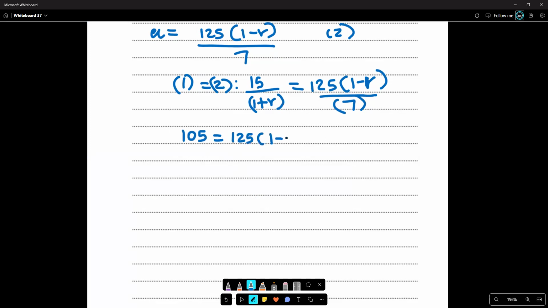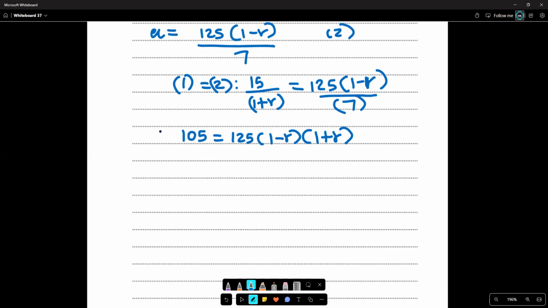Here we have 1 minus R, and then you're going to multiply with 1 plus R. Right. So you're going to divide 105 by 125. Let's see, 105 divided by 125. That gives us, let's see, 50.